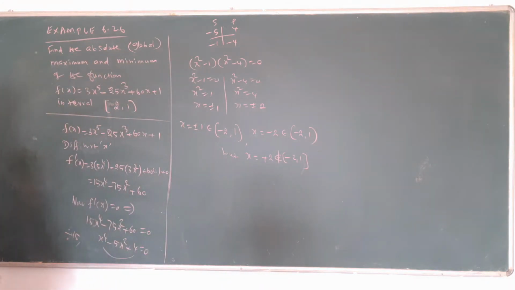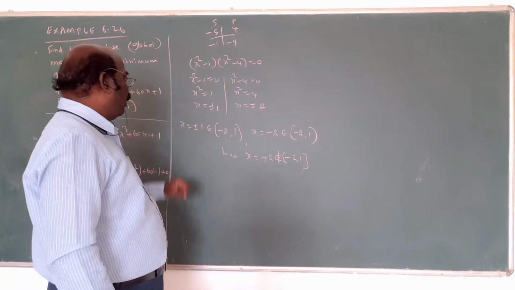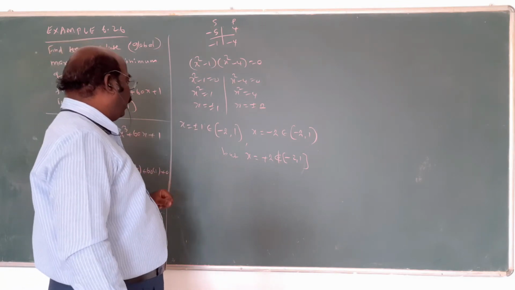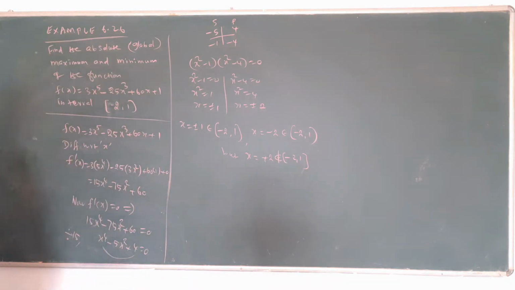Three numbers belong to the interval. That's why we neglect the plus 2. Now the values are plus 1, minus 1, minus 2. These three values. Out of 4 values, one value does not belong, that's why we have only 3 values.